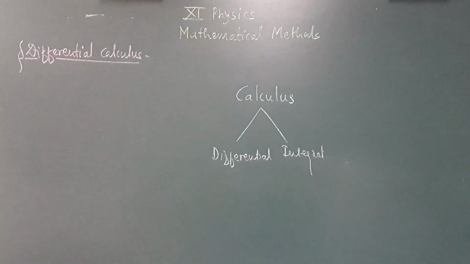First of all, see what is the meaning of calculus. The meaning of calculus is very simple. There are a number of mathematical quantities, and those quantities depend on other mathematical quantities. Just see one example. As the time increases, we start a vehicle.